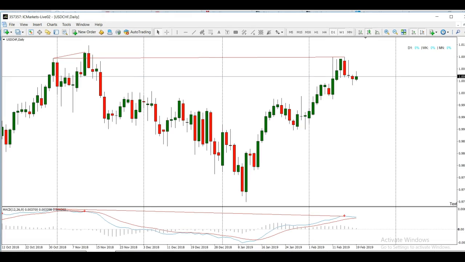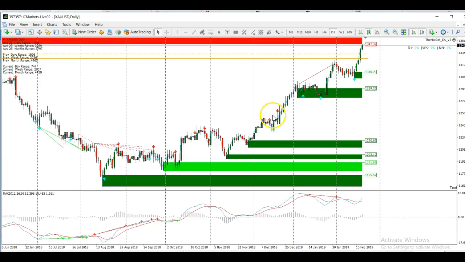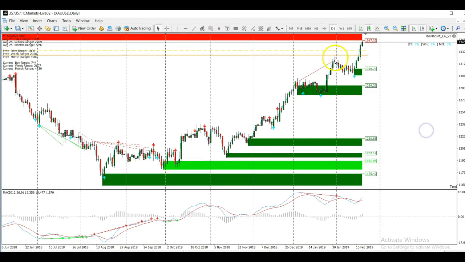So let's go back to the gold chart. Similar story, a similar setup, but it can generate a lot more profit.